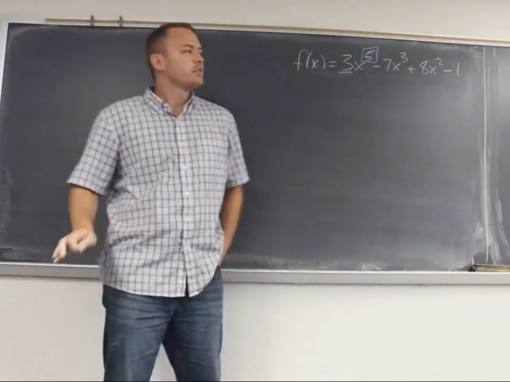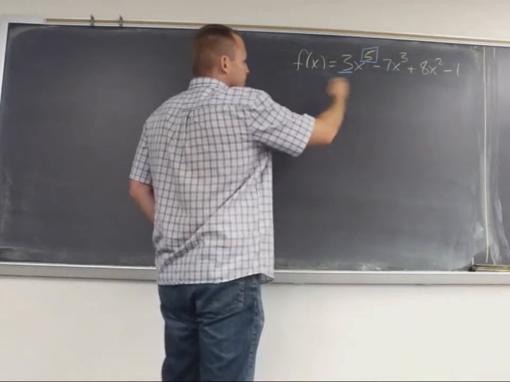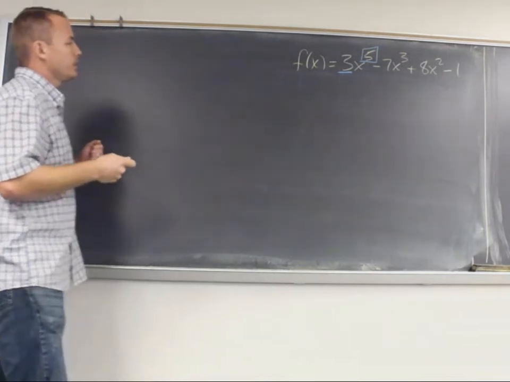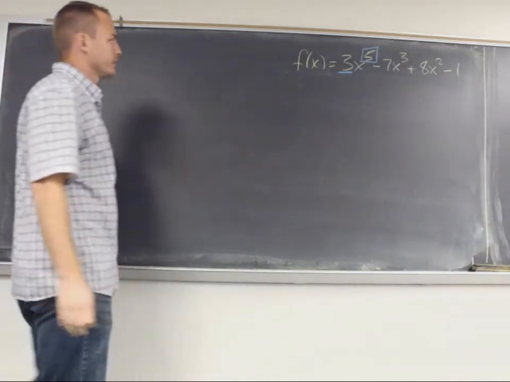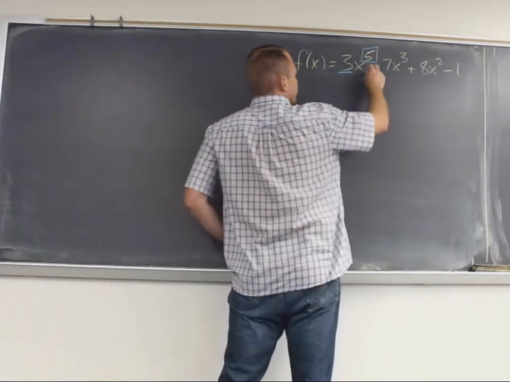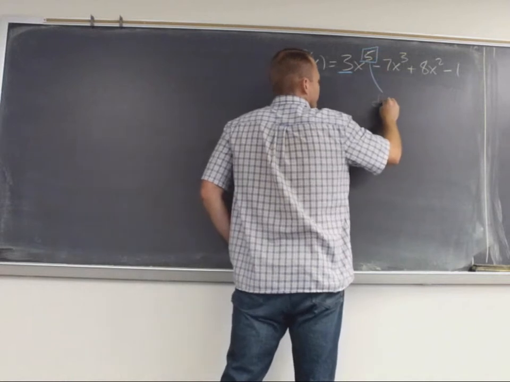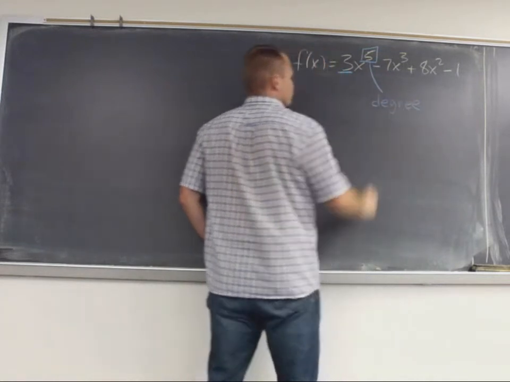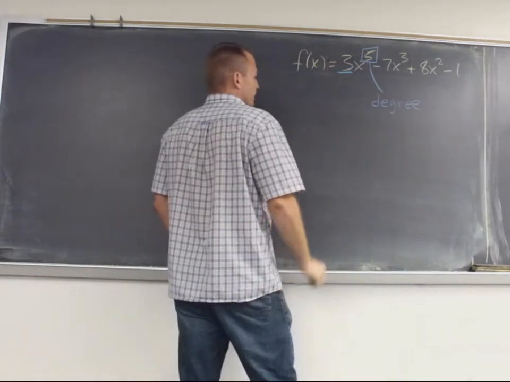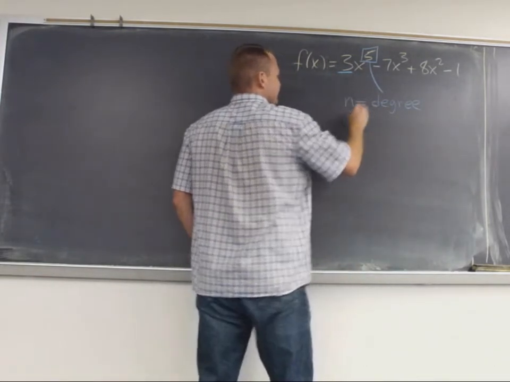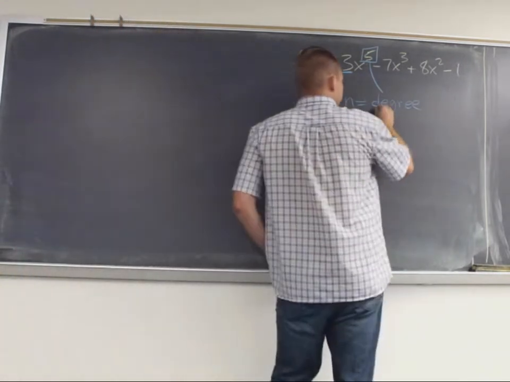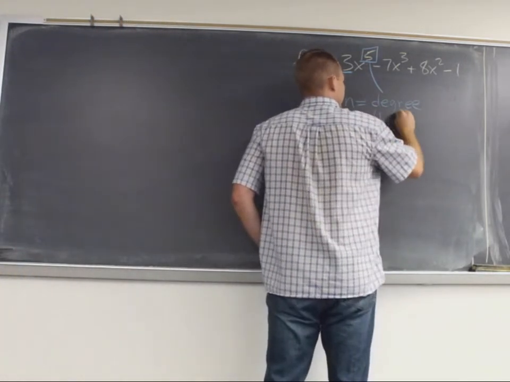We all know that. But relative to this polynomial function, what is that exponent? It's the highest exponent there is. So this is the highest exponent, so that's called the degree. The degree. And we're going to label it as n from now on. N is equal to the degree. The degree simply means highest exponent.